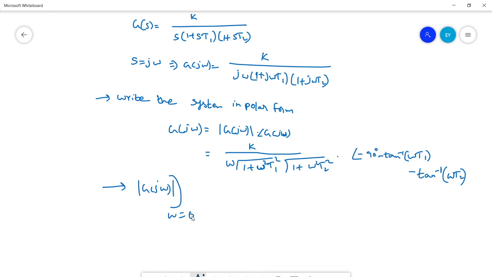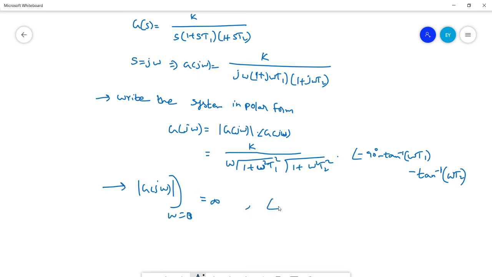Substitute omega equal to 0 in the above expression. What you get is omega into 1 plus omega square T1 square. That means omega will be 0 in the denominator, so if omega is equal to 0, then the magnitude will be infinity.